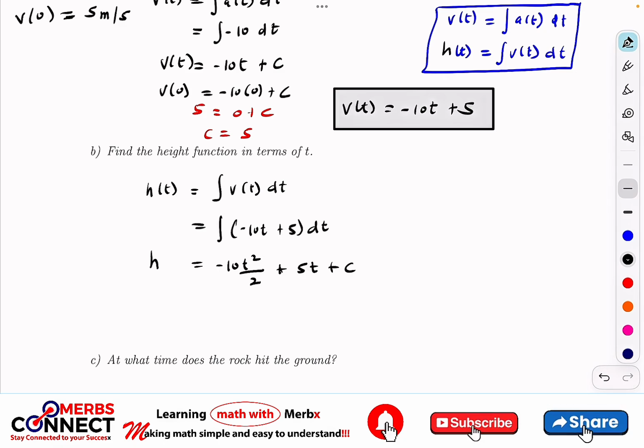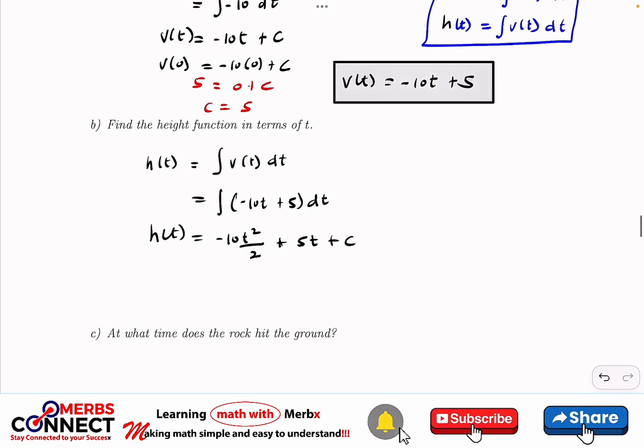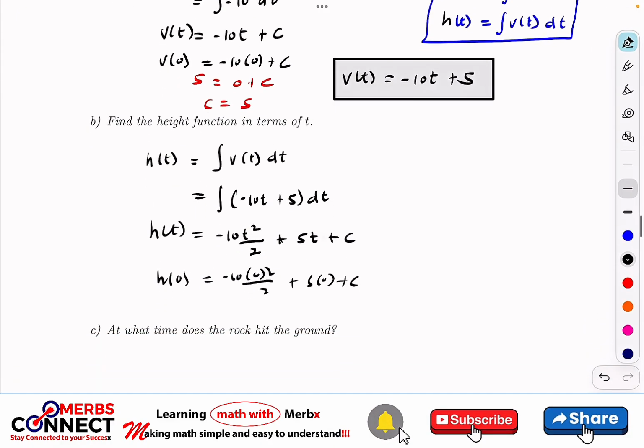Right. Now we have the initial height, which will help us to find the constant. The initial height is 100. So we are going to have h of 0 is equal to minus 10 times 0 squared divided by 2 plus 5 times 0 plus c. h of 0 is 100, which is equal to 0 plus 0 plus c.